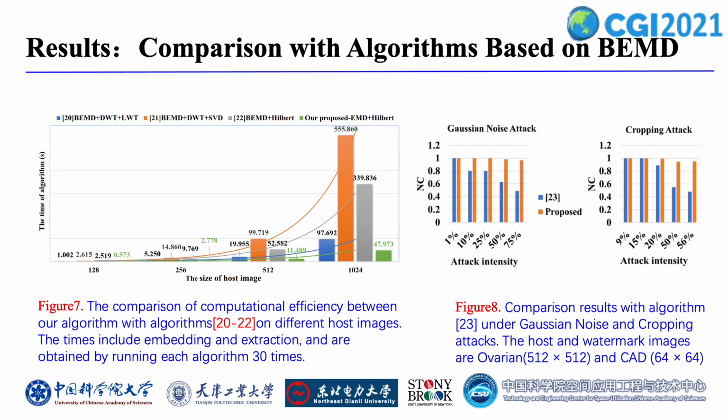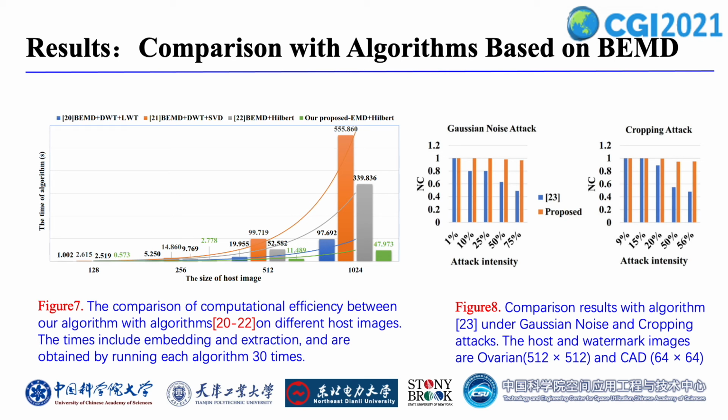As for cropping attacks, after 20% cropping intensity, our algorithm clearly outperforms algorithm 23, achieving an NC value of 0.95 at a maximal cropping intensity of 56%. The comparison result shows that our algorithm has a strong ability to resist Gaussian noise attacks and cropping attacks.